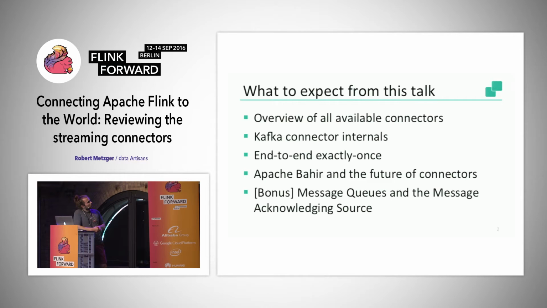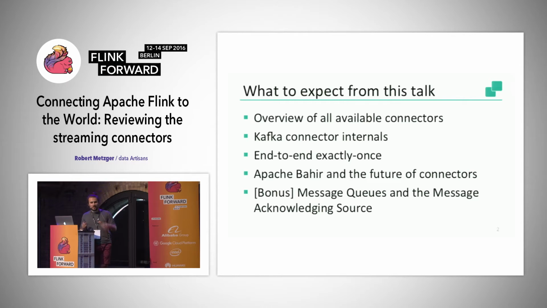Then, in the context of Kafka, we're going to look at how end-to-end exactly once in Flink can work, because that's quite interesting, and Flink has some novel ideas there that other systems don't have. Then we're going to look at Apache Bahir, which is a somewhat new project in the Apache space that is a cross-project for connectors.